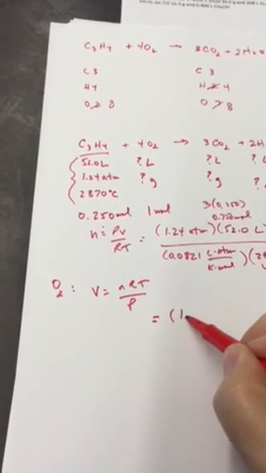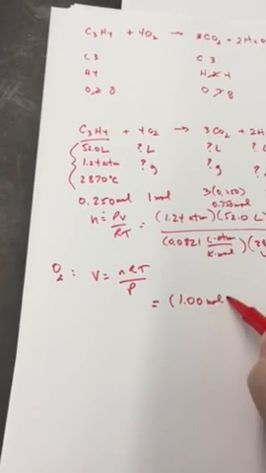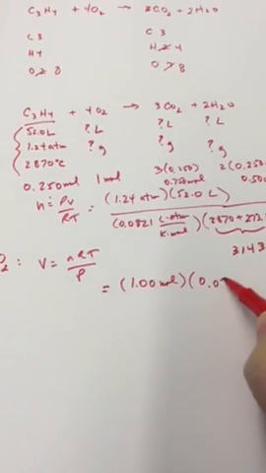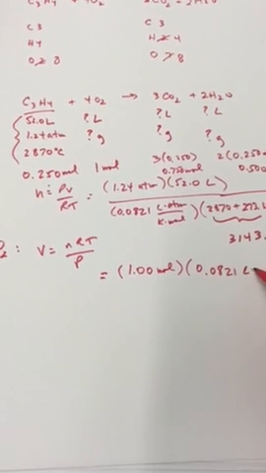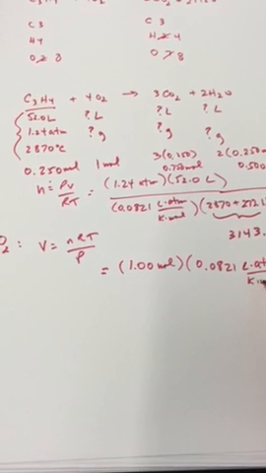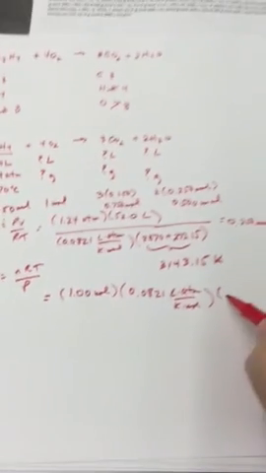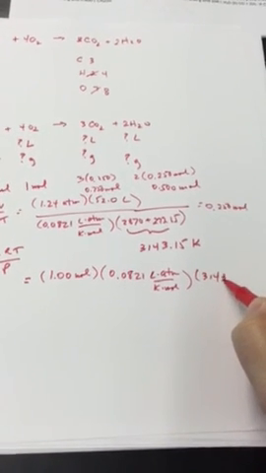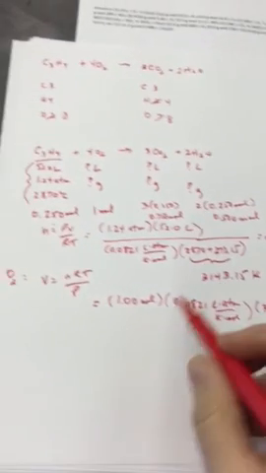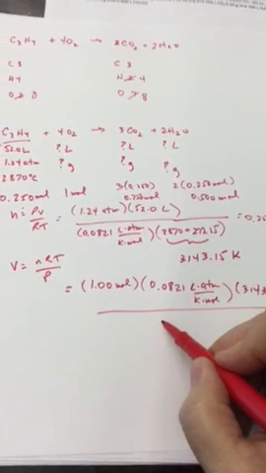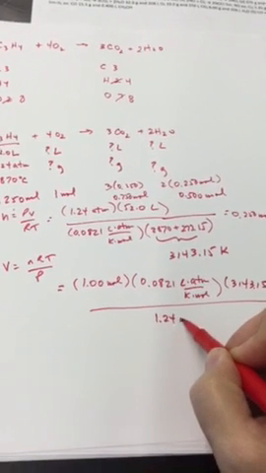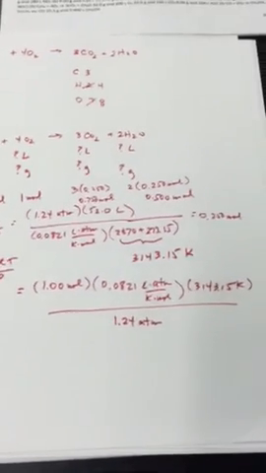So that's 1.00 mole of oxygen times R, the gas constant, times temperature, which is 3143.15 Kelvin, all over pressure, which is, we're in the same container, so the pressure is the same.